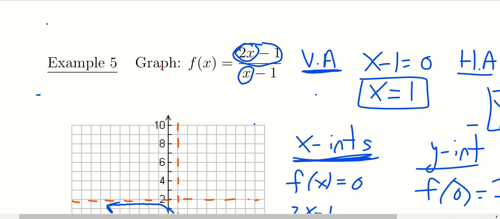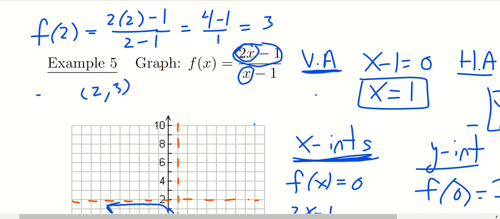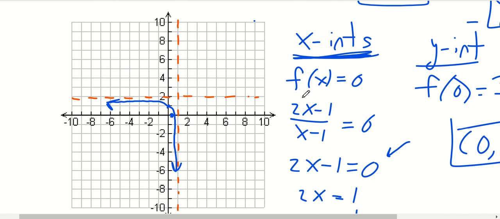If you plug 2 into the function, f of 2 is equal to (2 times 2 minus 1) divided by (2 minus 1). That's going to be 4 minus 1 over 1, which is 3. So this graph would also contain the ordered pair (2, 3). We plug in 2, we get out 3, and that would be the point right here.